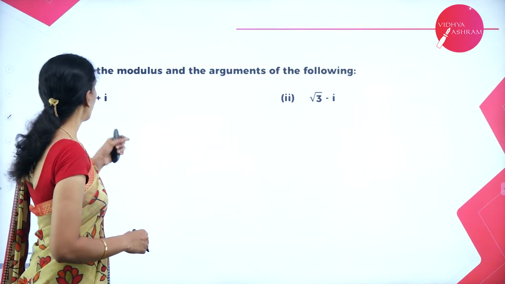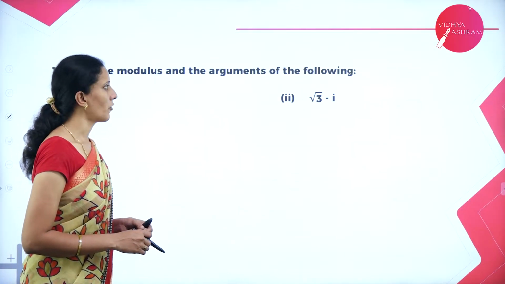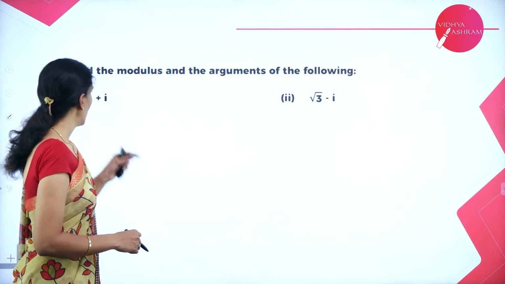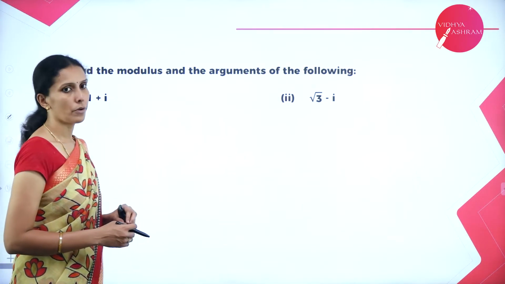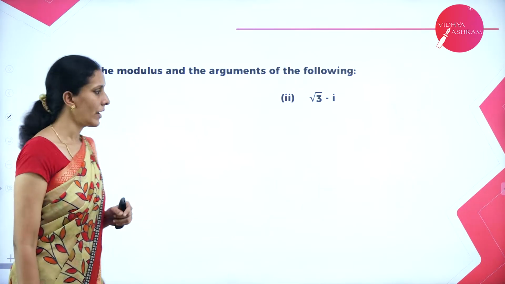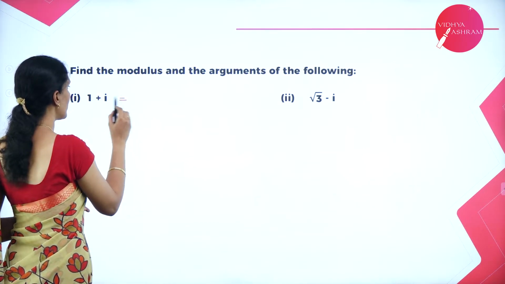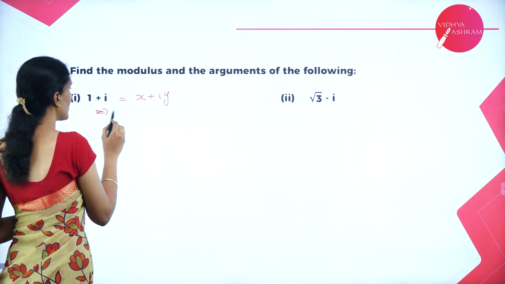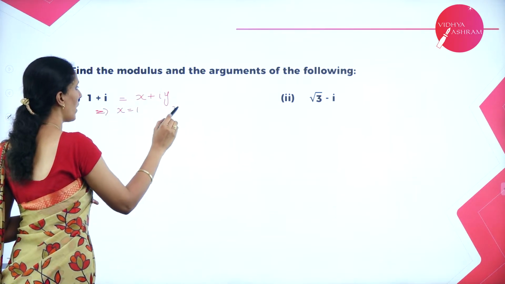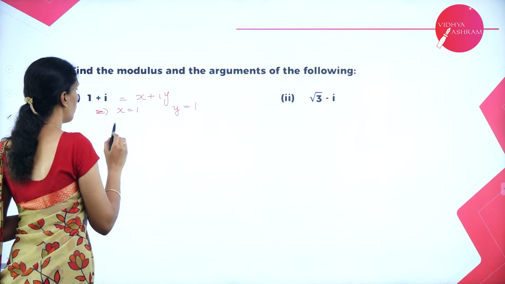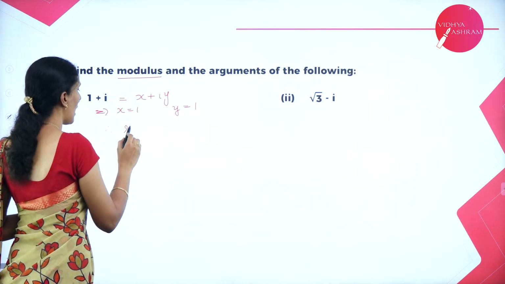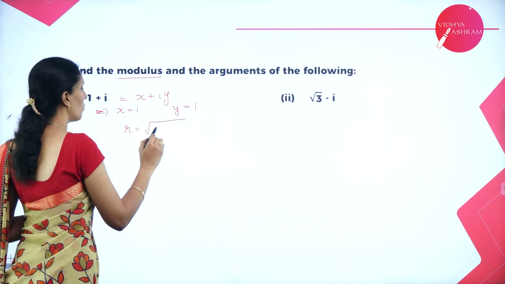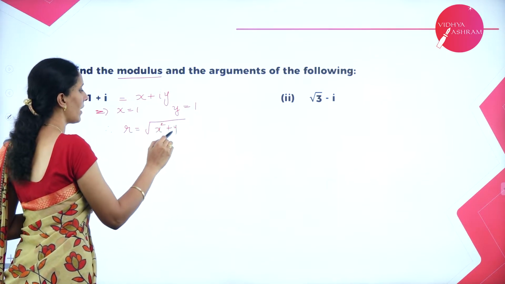Next, find the modulus and the arguments of the following. So let us find the modulus and arguments of the following. So let us find what is the value of x if this is in the form of x plus iy. So clearly you can see x is equal to 1, y is equal to 1. So therefore modulus is nothing but r, which is the square root of x square plus y square.